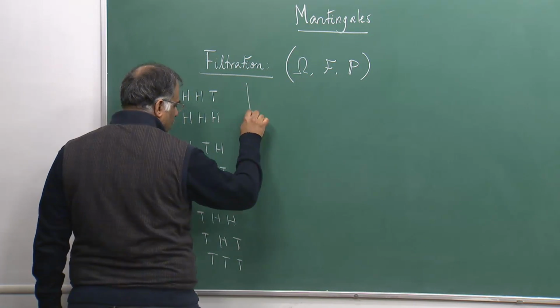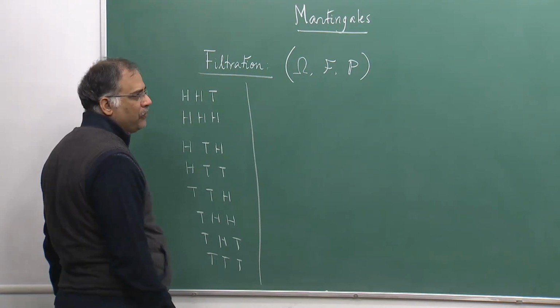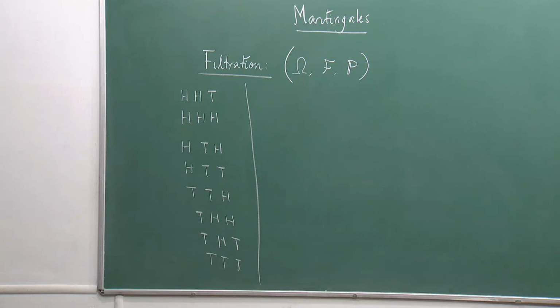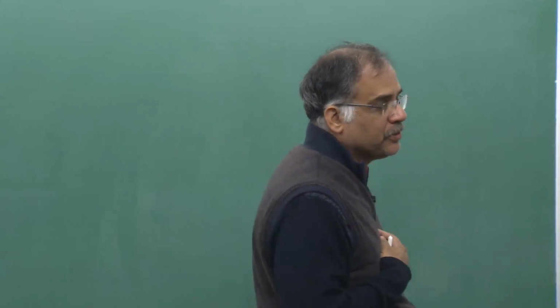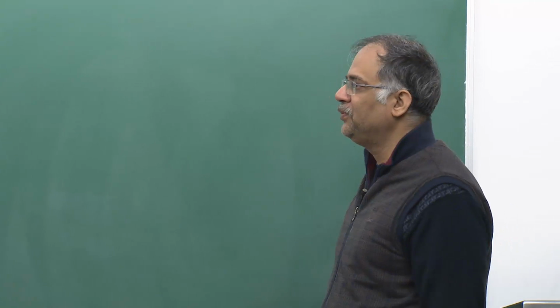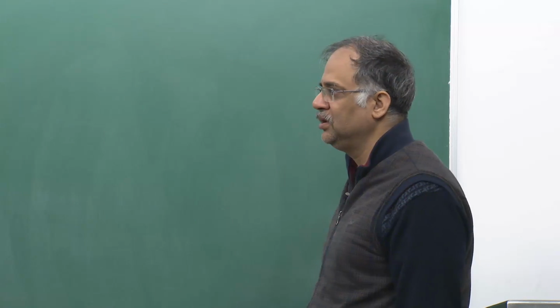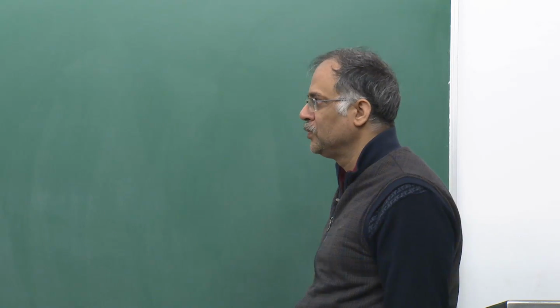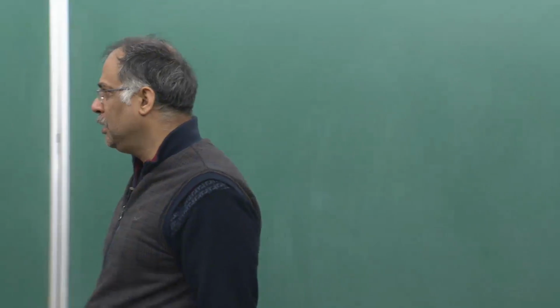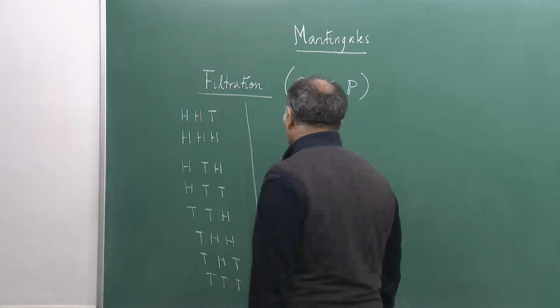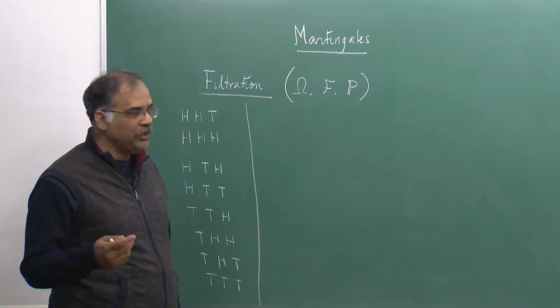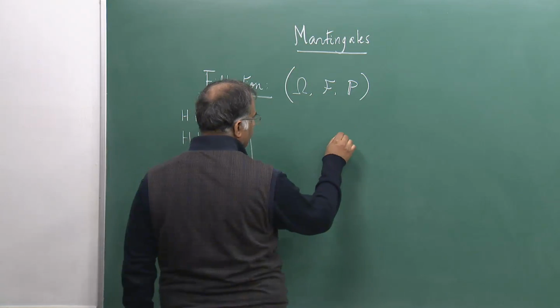Now, suppose I do not allow you to see the experiment, I am conducting the experiment, and I tell you the first coin has turned out to be head. Then what events are revealed to you?